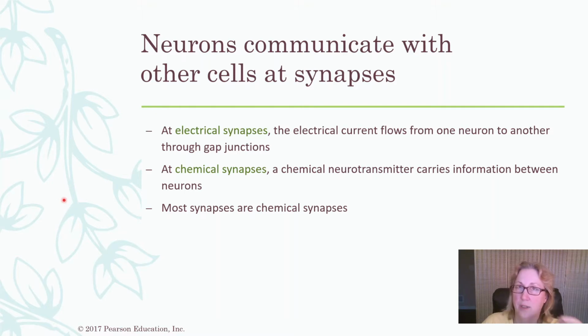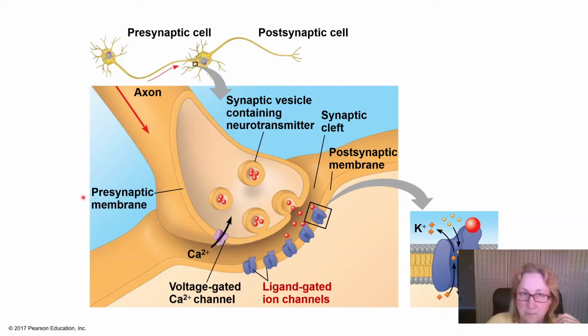The axon of one neuron attached to the dendrite of another neuron, and that's going to be what's going to determine whether there is a depolarization in the receiving neuron. So most of them are going to be chemical synapses. So let's talk a little bit about those.